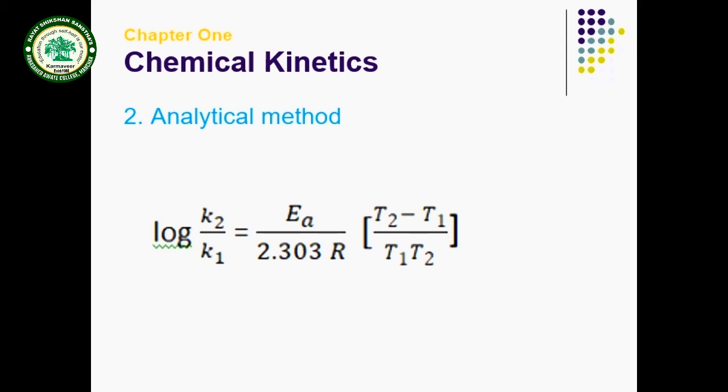Substituting the values K1, K2, T1, T2, absolute temperatures here, meaning the degree Celsius temperature plus 273, can be considered here. So T1, T2, here the product is there, here the difference is there, and the universal gas constant. These values are known from the experimental sets. So the energy of activation can be determined.